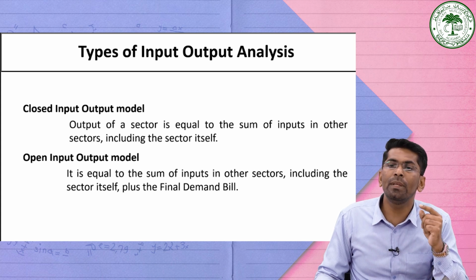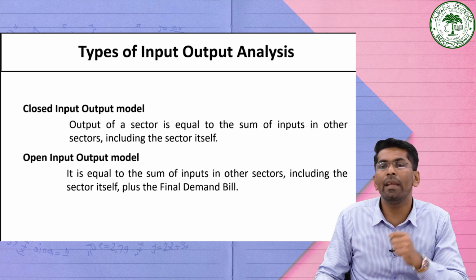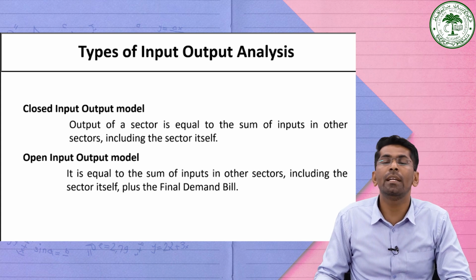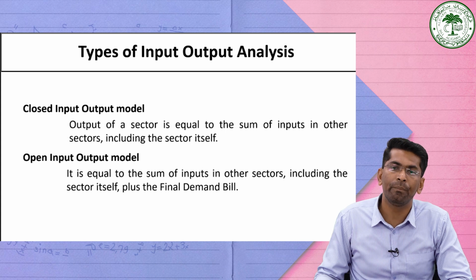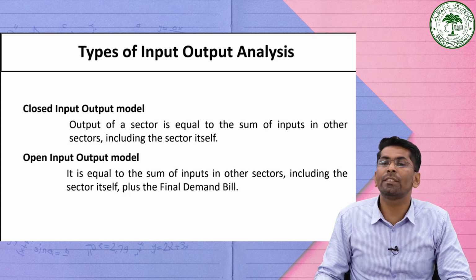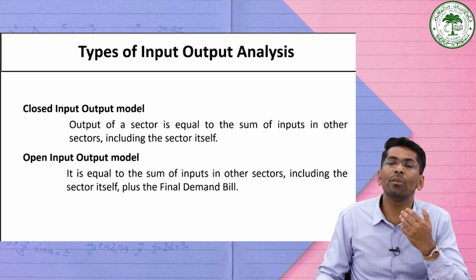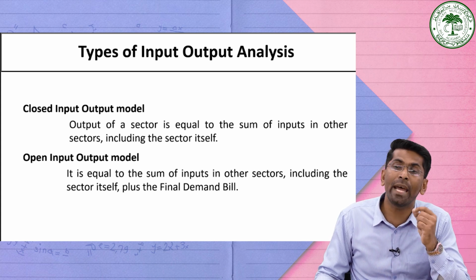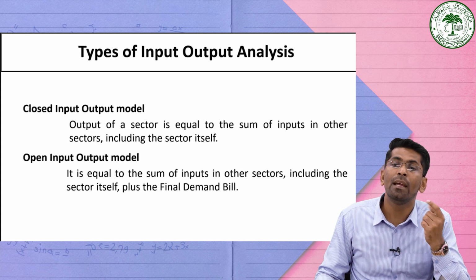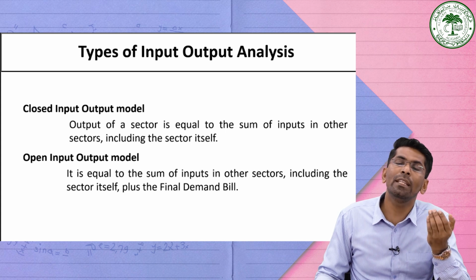The difference from the closed one is that it has an additional exogenous sector in terms of final demand. This exogenous sector supplies primary input factors such as labor services, which are not produced by the producing sectors, and consumes the output of the producing sectors.